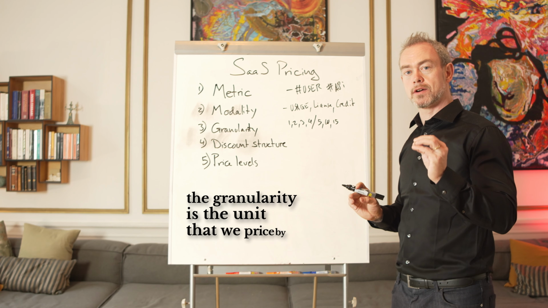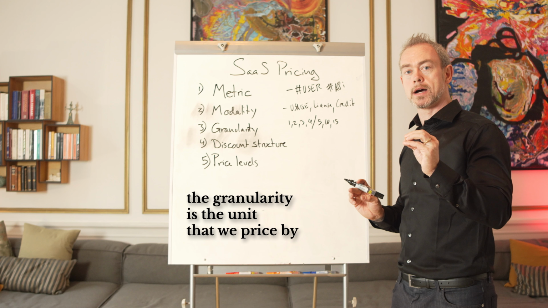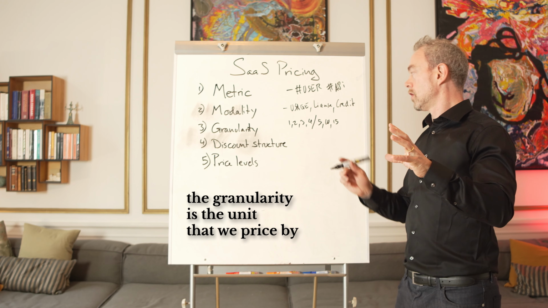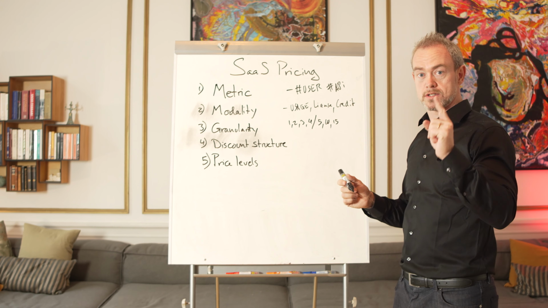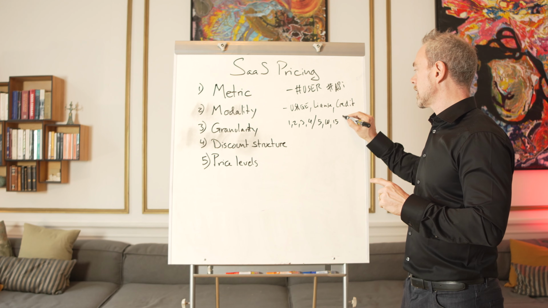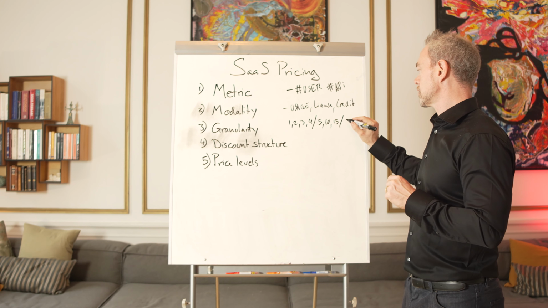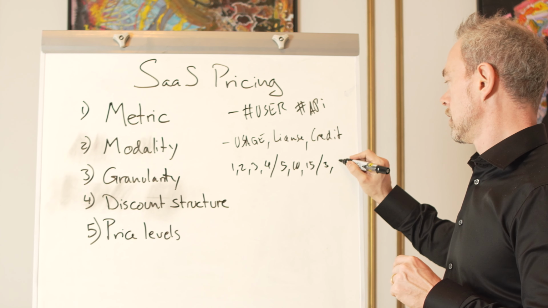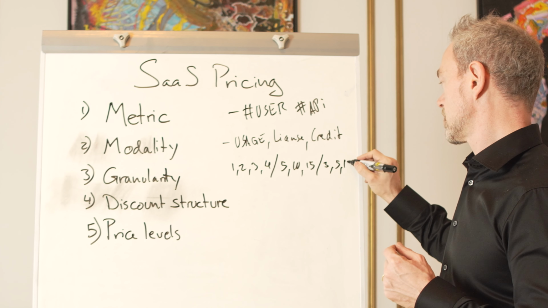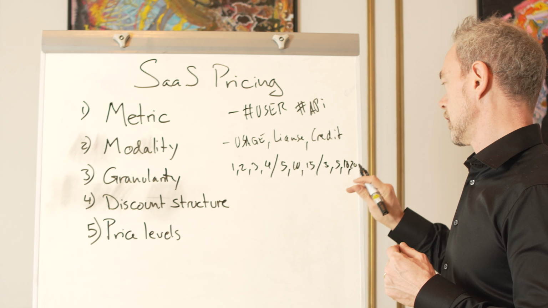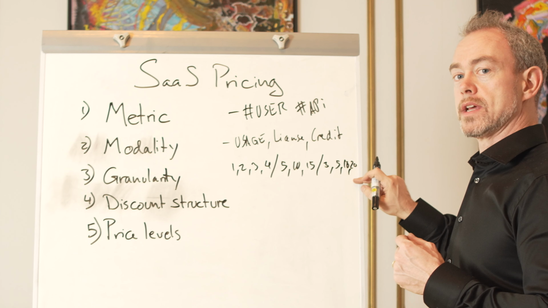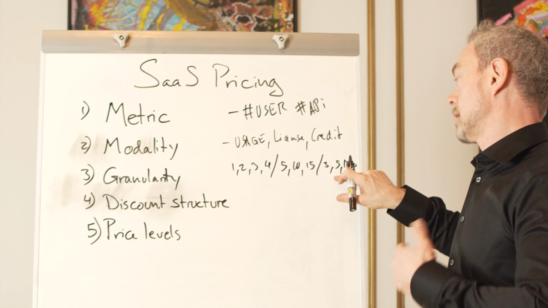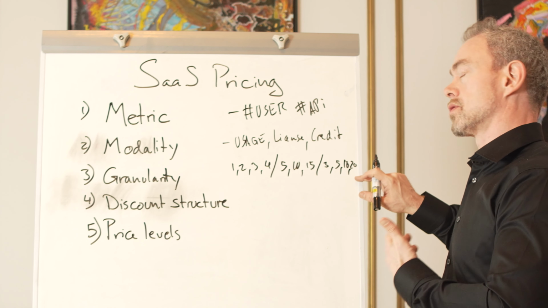So the granularity now is the unit that we price by is 5 of this metric instead of just singular ones. Or we might have what I call an expanding granularity where we say, hey, it's 3, 5, 10, 20, right? So the steps increase. So I have to buy 3 first, then I buy 2 more, then I go to 10, then I go to 20, whatever it is.